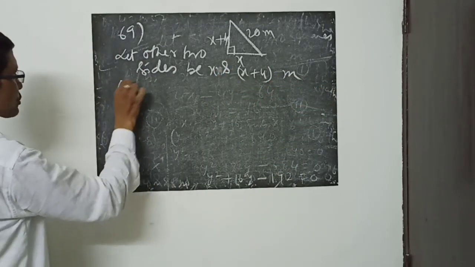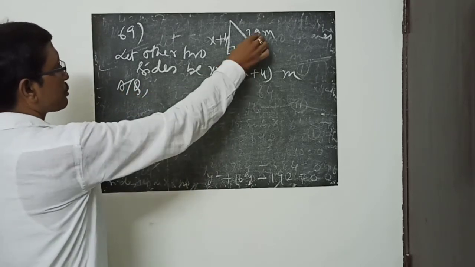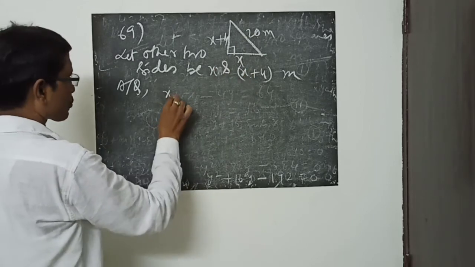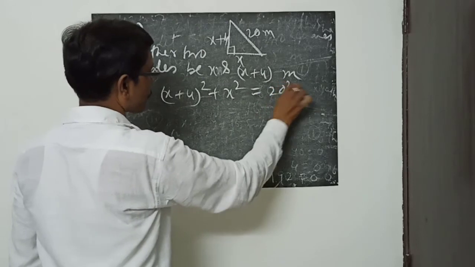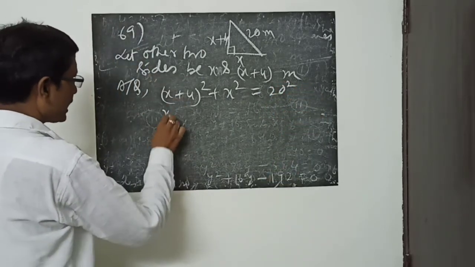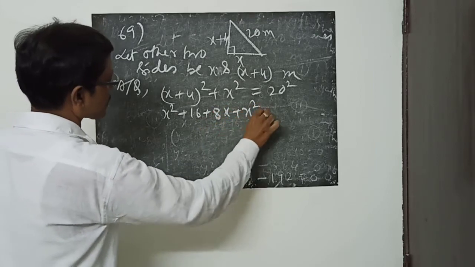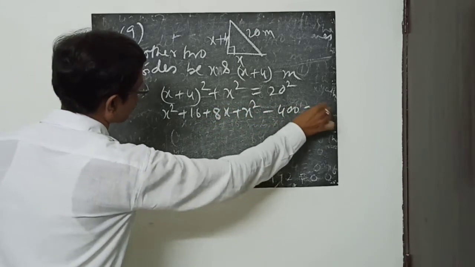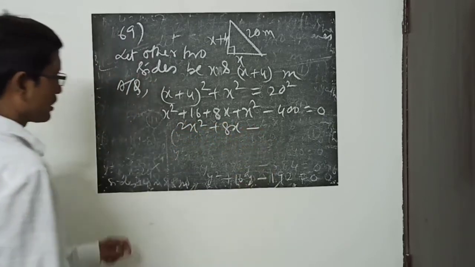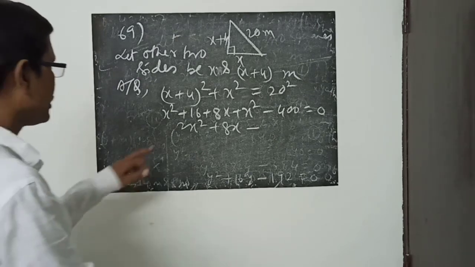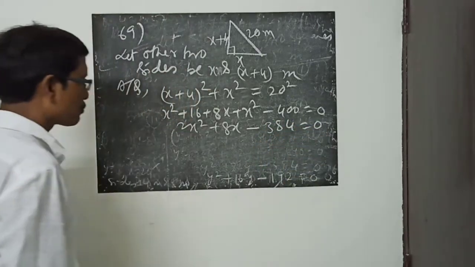Therefore, by the Pythagoras theorem, 20 square equals this square plus that square. 20 square is 400, and (x plus 4) square is x square plus 8x plus 16. So ultimately 2x square plus 8x plus 16 minus 400, which is minus 384, equal to 0.